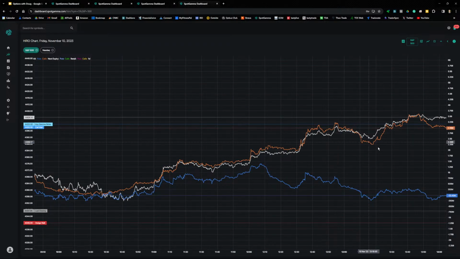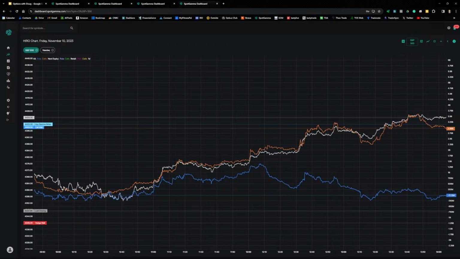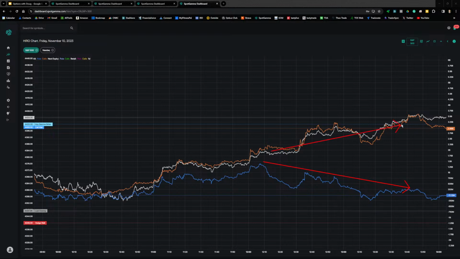Now, it looks like right around 12:10, traders start buying puts. So far, the call buyers are still in charge. Now they're starting to sell calls. So we'll see what happens.